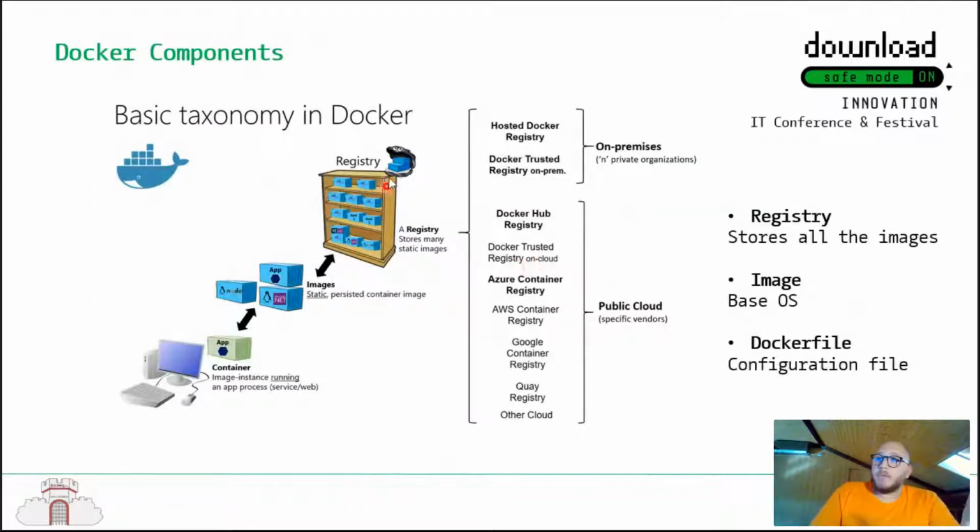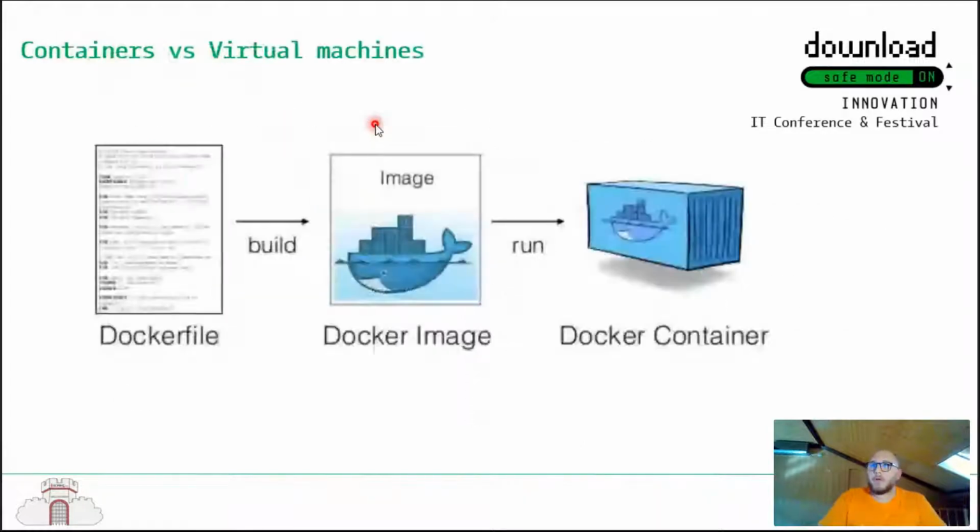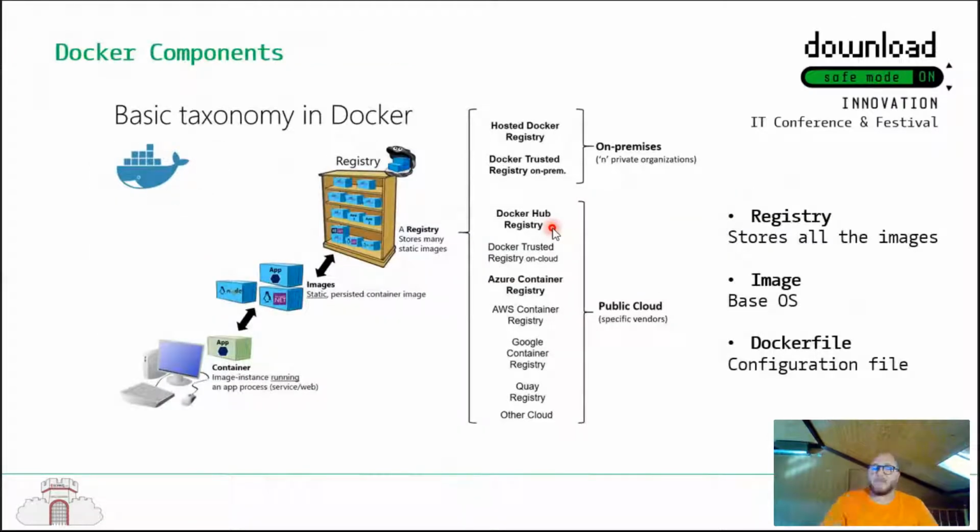Knowing that, we need to know the bigger picture. What is the basic taxonomy of Docker? We've seen before that we have our Dockerfile, our Docker image, and our Docker container. But we've talked about the base OS, the base operating system that is going to be used to run the container.